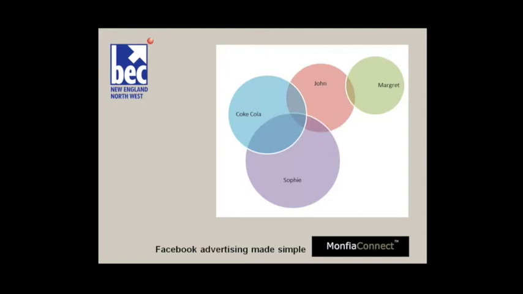And even though Sophie isn't friends with Margaret, Margaret would be able to see Sophie's post through John, effectively widening Sophie's sphere of influence. Now, this might sound a little bit complex, but in essence, friends and contacts, and in the case of your business page, likes, become the basis for initially promoting your business beyond your immediate friend list.